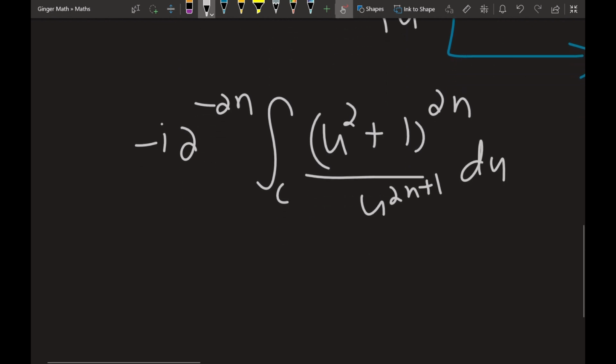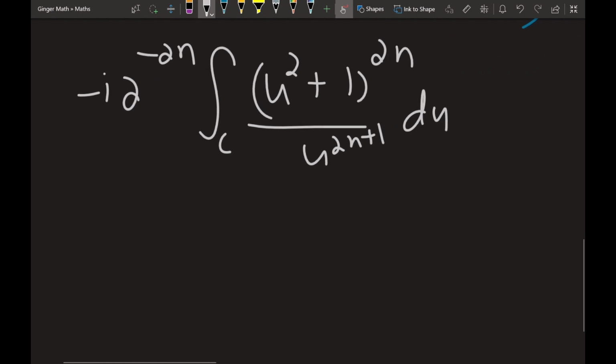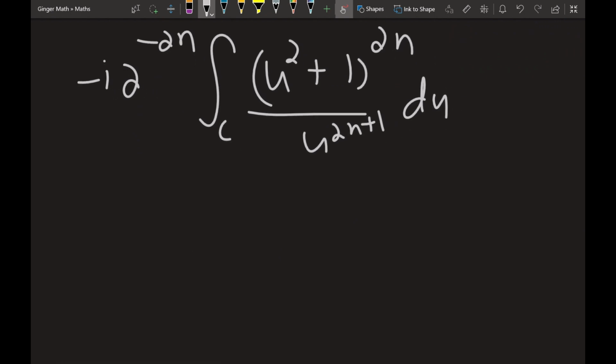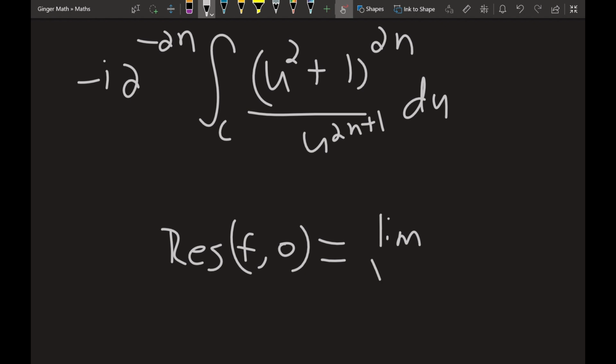And just to get a sense of how we're going to evaluate this, I'm just going to write out the residue theorem real quick. So the residue of some function at, say, I'll specify at 0, I suppose, is just going to be equal to the limit as, in our case, u goes to 0 of 1 over gamma of whatever the degree of our pole is.